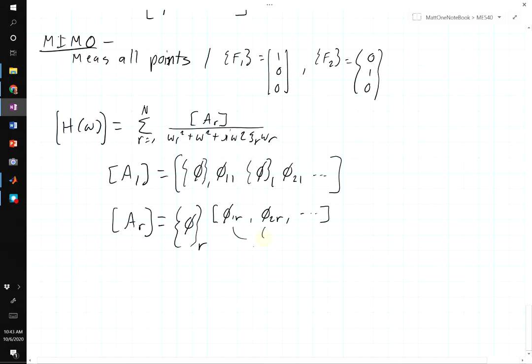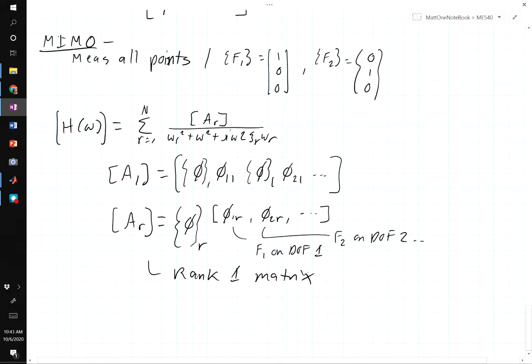So this assumes that we apply F1 on DOF1 and then F2 on DOF2 and so on. And in general, you don't have to apply them sequentially. You can skip any degrees of freedom that you want. But the important thing to notice is that this is a rank 1 matrix.